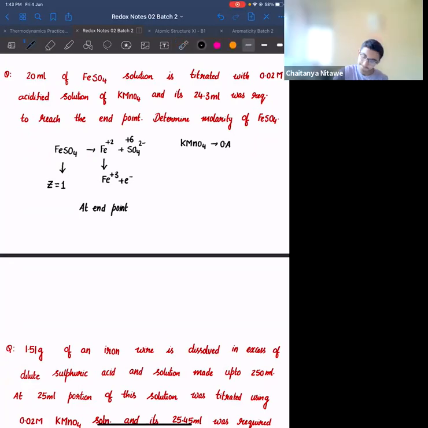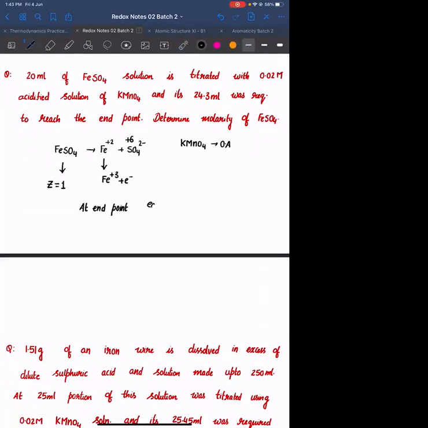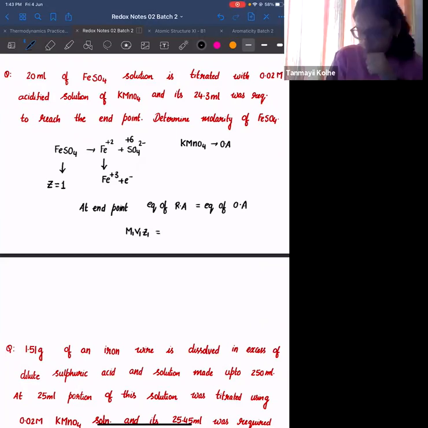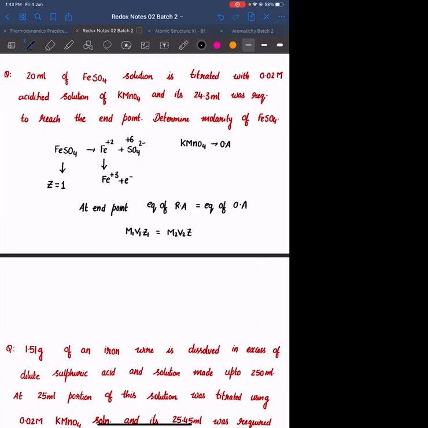So at the end point, the equivalents of the reducing agent must be equal to the equivalents of the oxidizing agent. So you need to apply M1 V1 Z1 equals M2 V2 Z2.